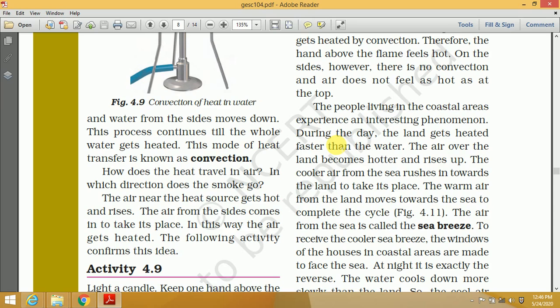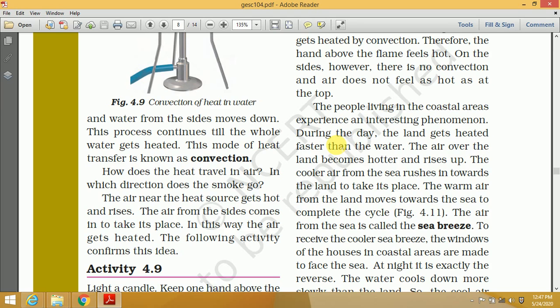And during the night time, the reverse will happen. During night time, the land will become colder and the sea will be hotter, because water takes longer to get cooled as well as to get heated up. During the whole day, the sea water has received the heat, but at night the land will release its heat immediately and get colder, but the water is not able to release the heat that easily.